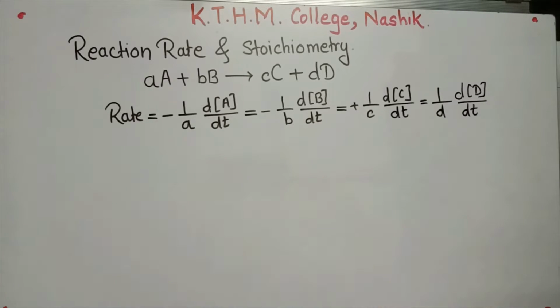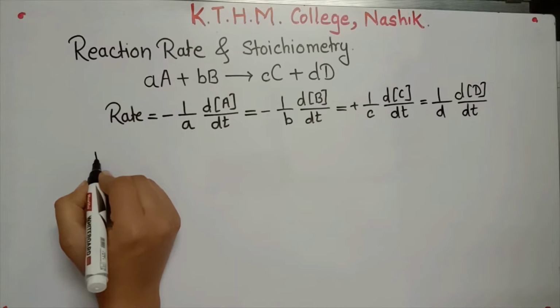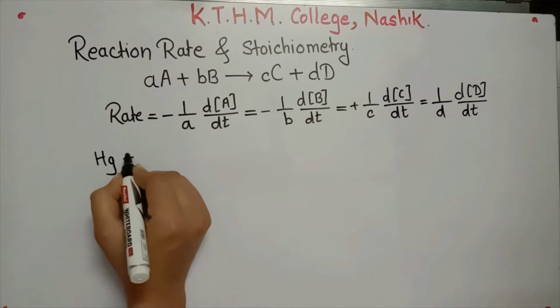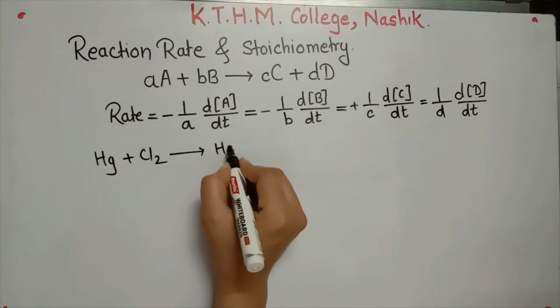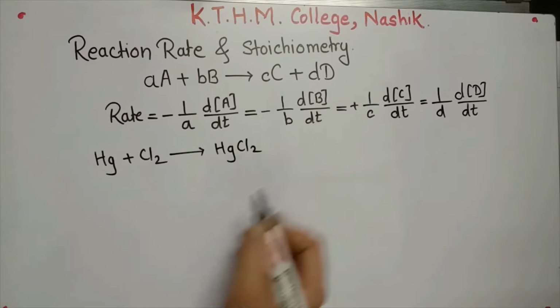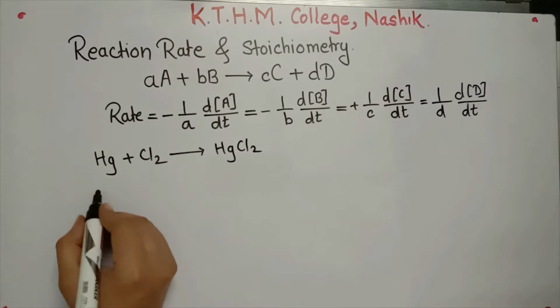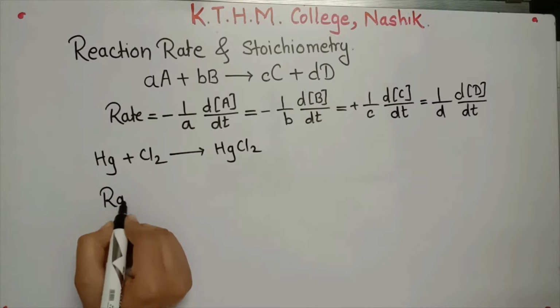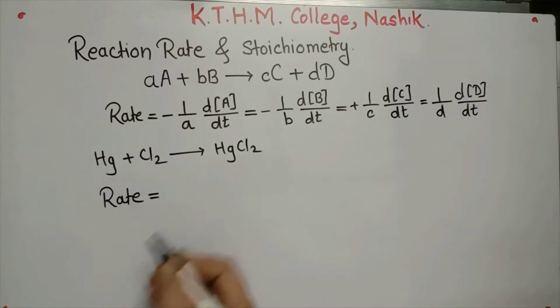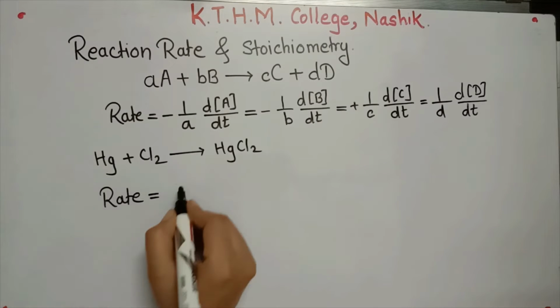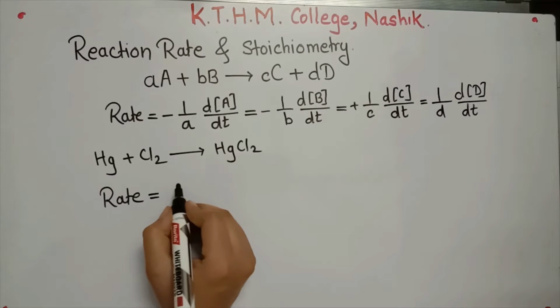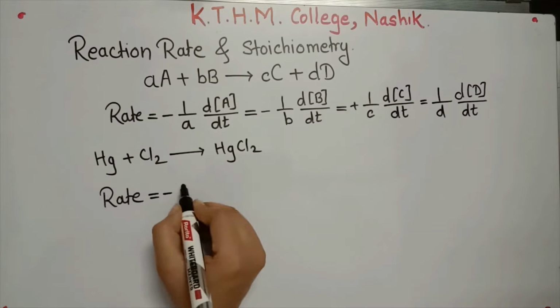Okay. So here I will take one example that Hg plus Cl2 gives HgCl2. Okay. So now we will write rate is equal to, so now here the reactant is Hg, 1 upon 1 is 1, minus, why minus?